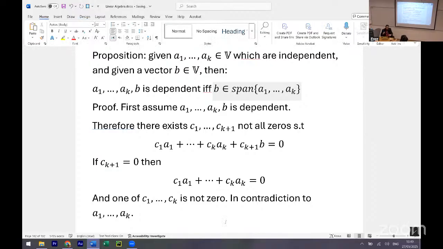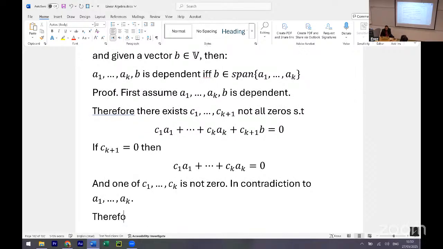And don't say there is a vector dependent. That's what this proposition promises, that you can say from now on that one of the vectors is dependent. But before we prove that, we can only speak about the dependence of the sequence. But this is a dependence of the sequence, right?